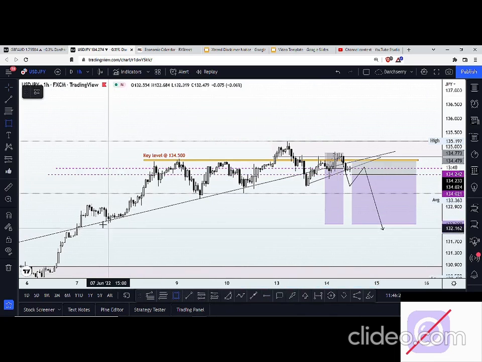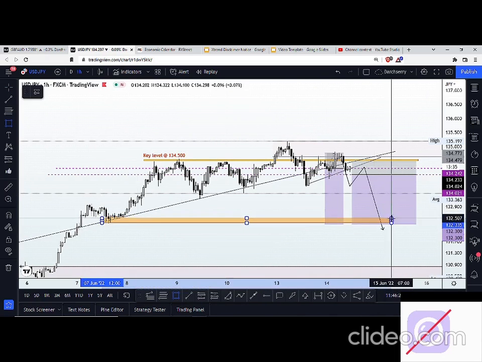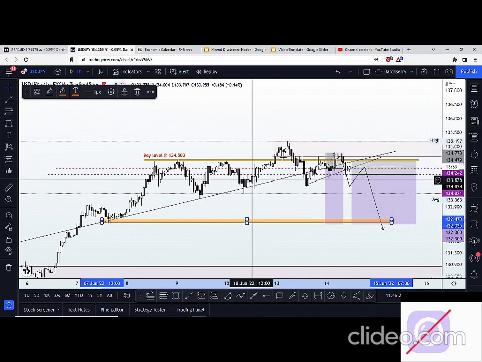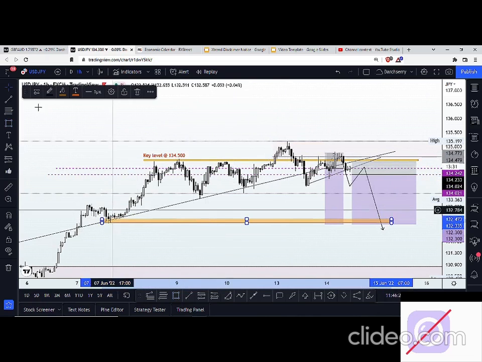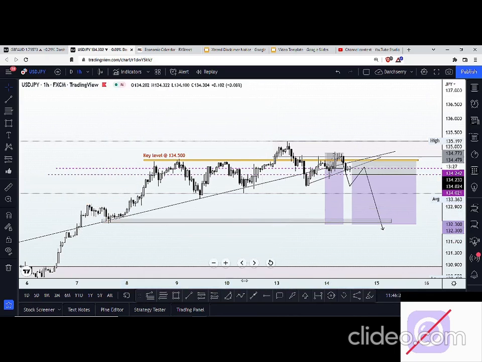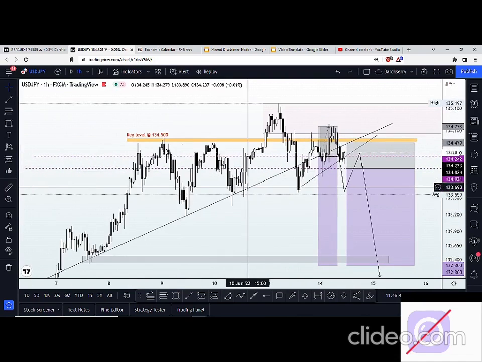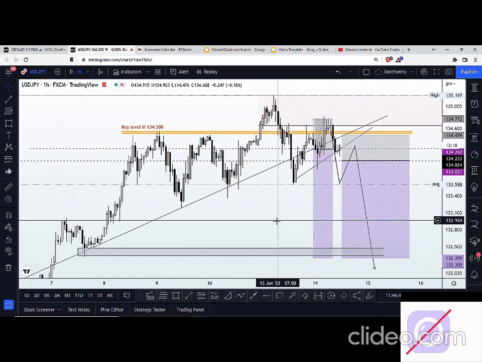If we look left, we can see we had a structure around this area that was at one time a demand zone that pushed price into the 135 area. So that's the reason why we are having our take profit target at 132.3, and let's see how price plays out as we head into the New York session. So this is my expectation here on the USD JPY.